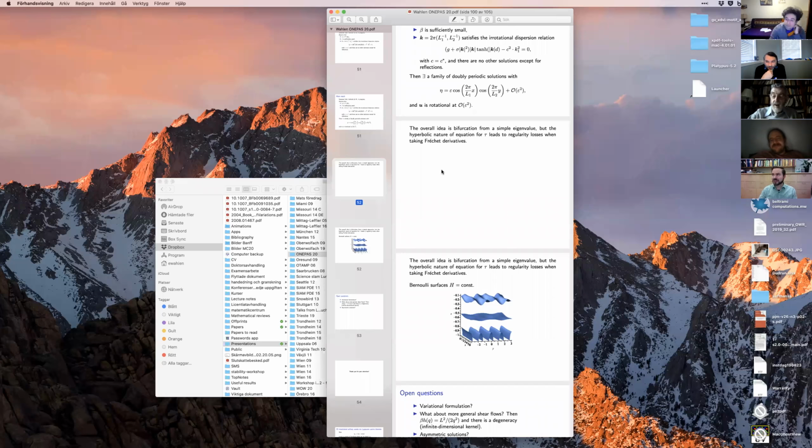There are different approaches. You can either do something like you do in the standard Crandall-Rabinowitz theorem, where you have to factorize the equations and then use the implicit function theorem.